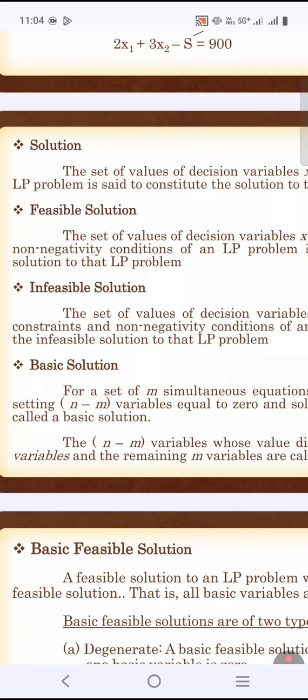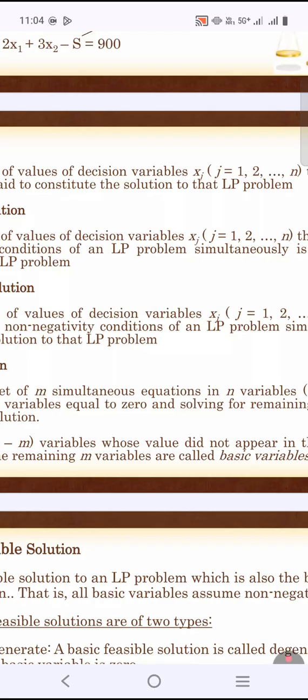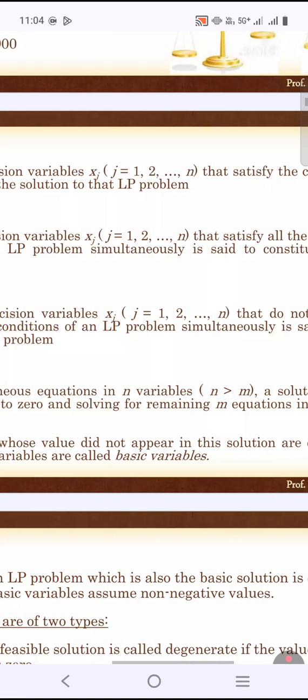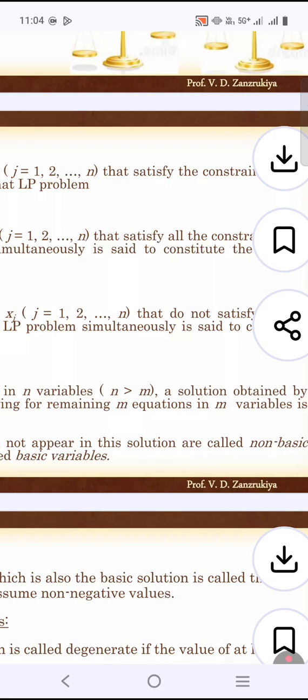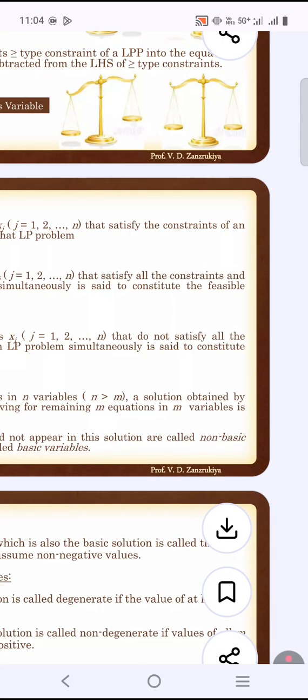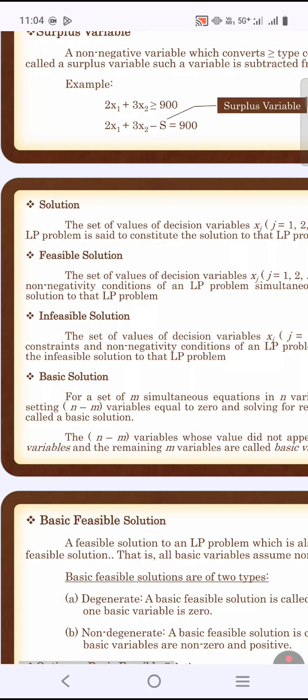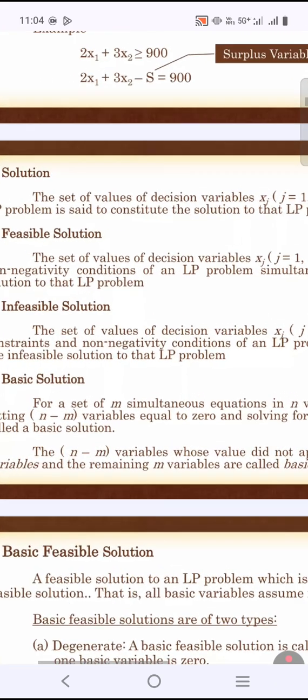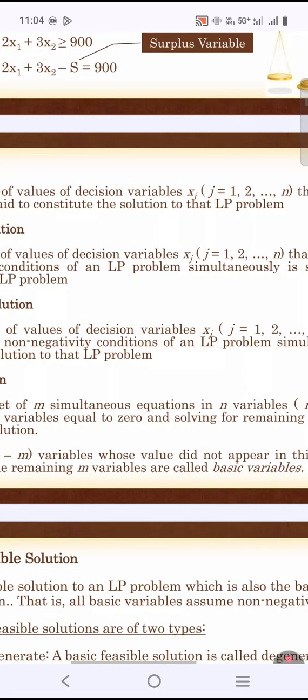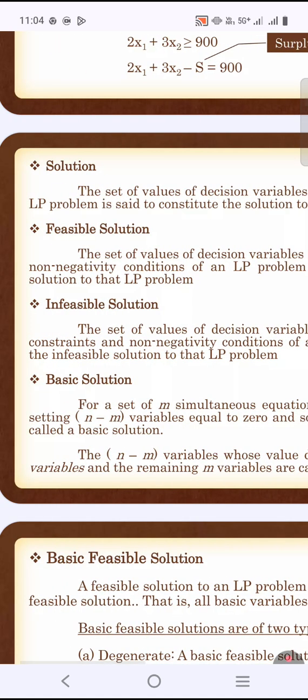Next definition: a set of values of the decision variables xj, j equal to 1 to n, that satisfies the constraints of a linear programming problem is said to constitute a solution to the linear programming problem.